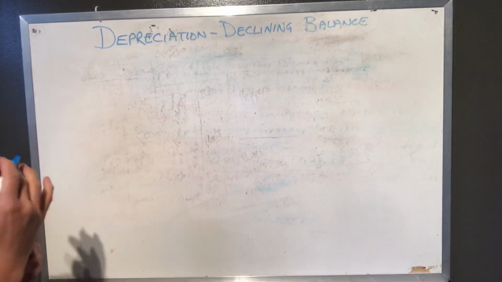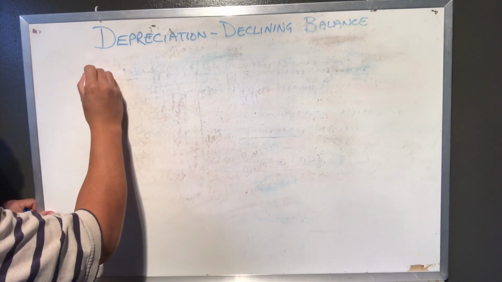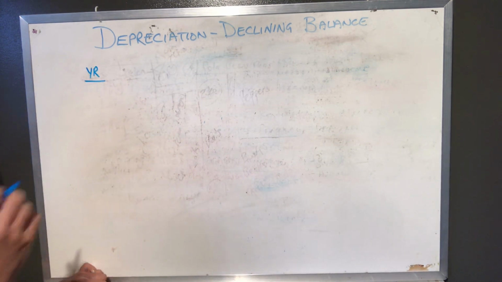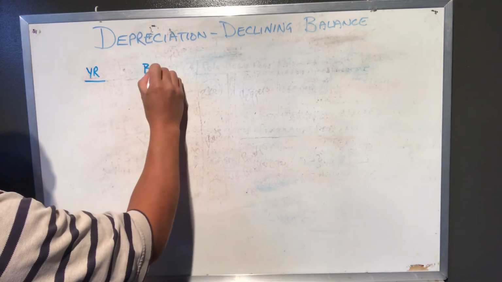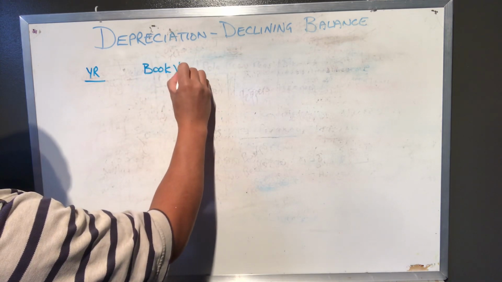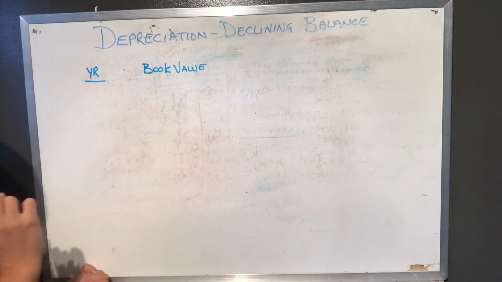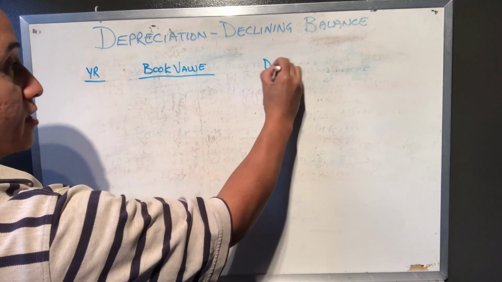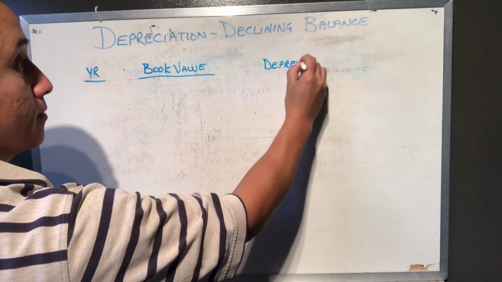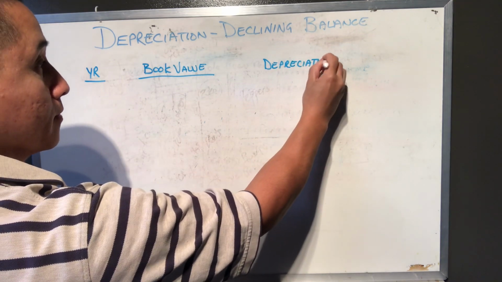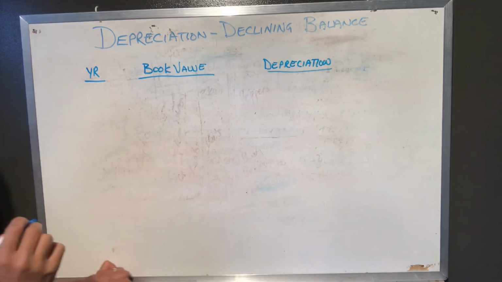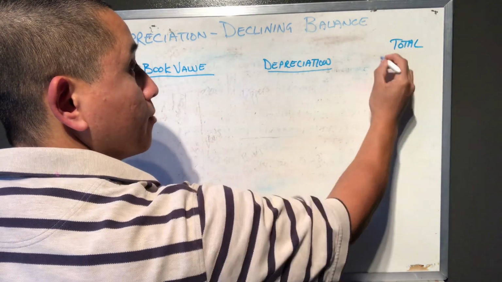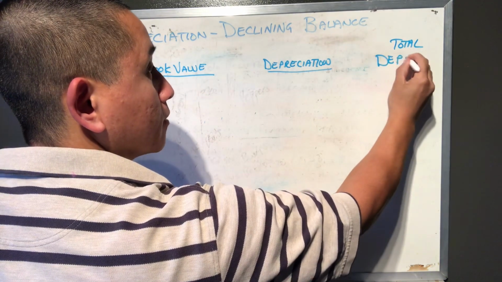If we were to set this up in chart form, just for ease of calculation: book value, then there's depreciation, and then over here would be the total depreciation.